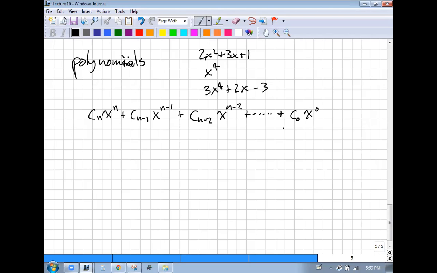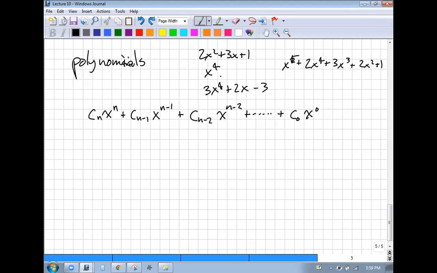Now, why did I write it like this? Notice I have the highest power here, and then I go lower and lower and lower, right? I could have x to the fifth plus 2x to the fourth plus 3x to the third plus 2x or something like that, right? All this is saying is take x to the power. The c sub n, that's just the name of the number in front of the highest power of x.